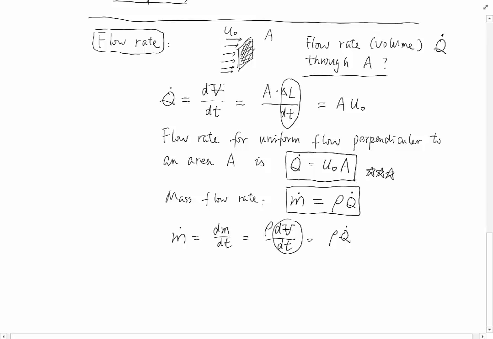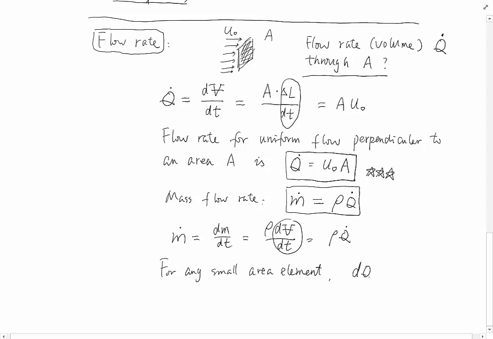Okay, the important thing about these two equations is although our flow rate may not be uniform, for any small area element, velocity is going to be uniform.